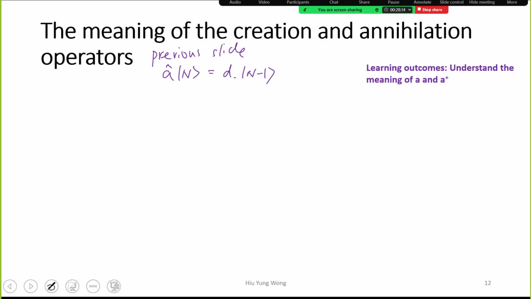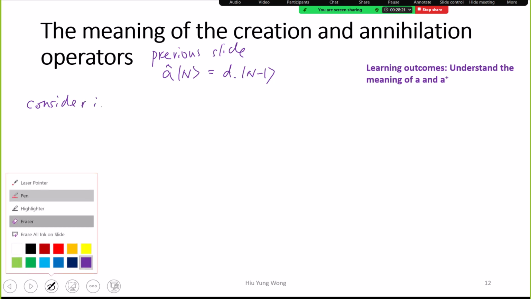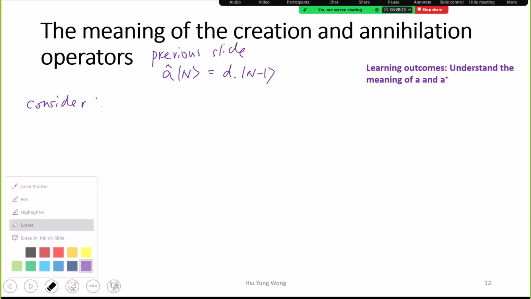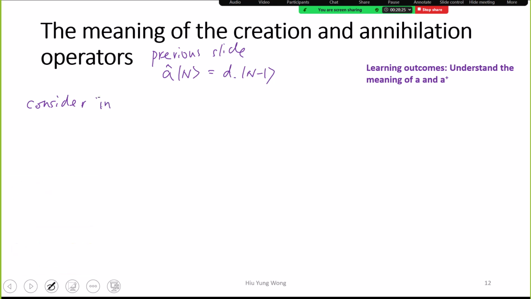Okay, so let's consider the inner product of the state with itself, which means try to get the square.